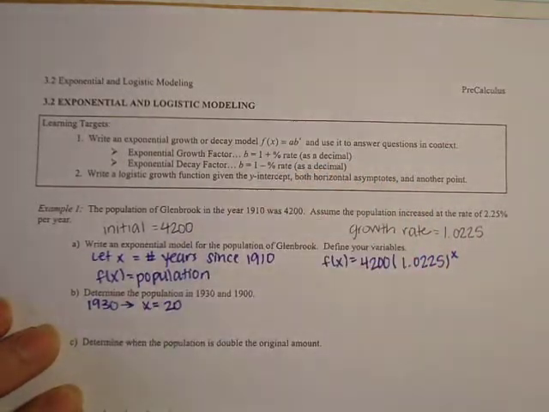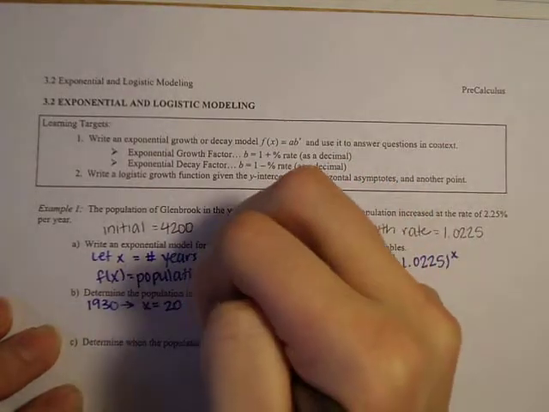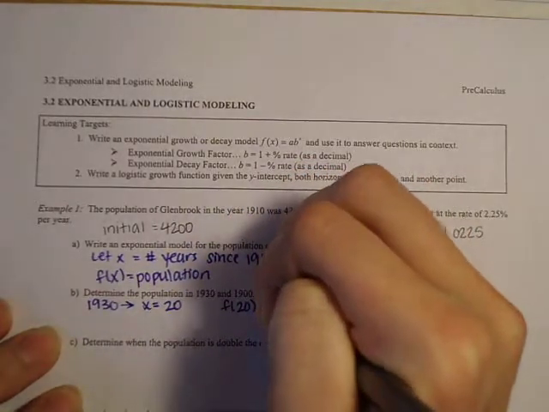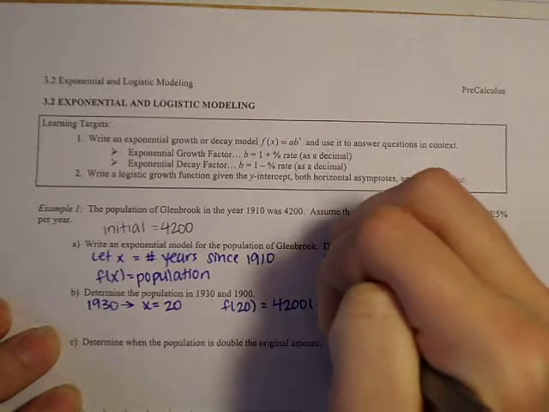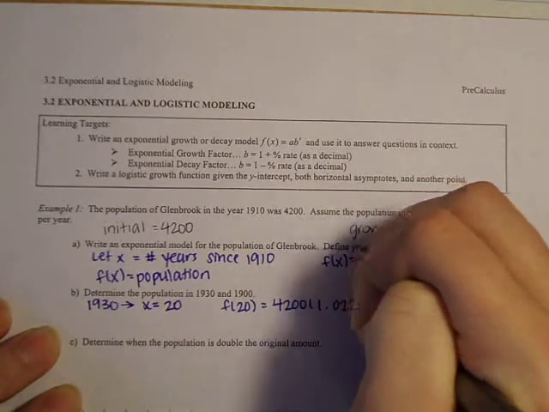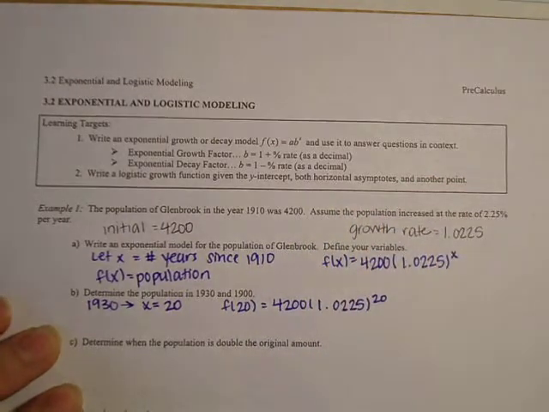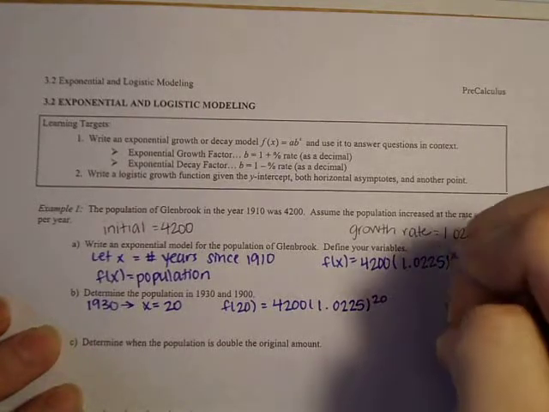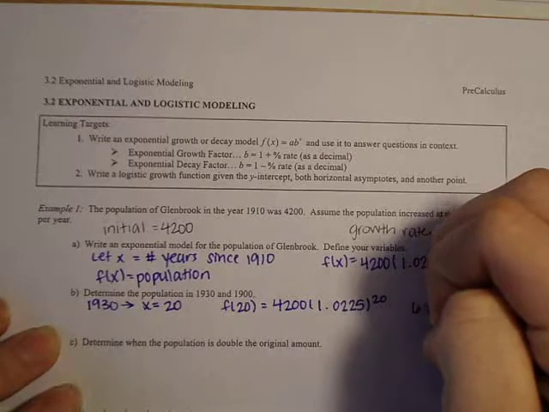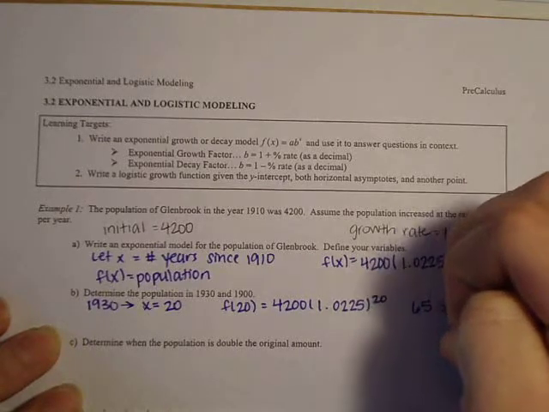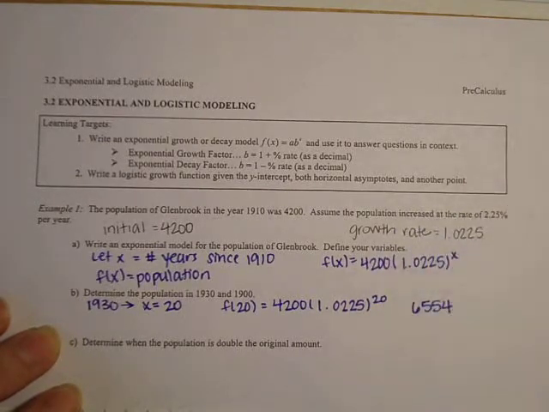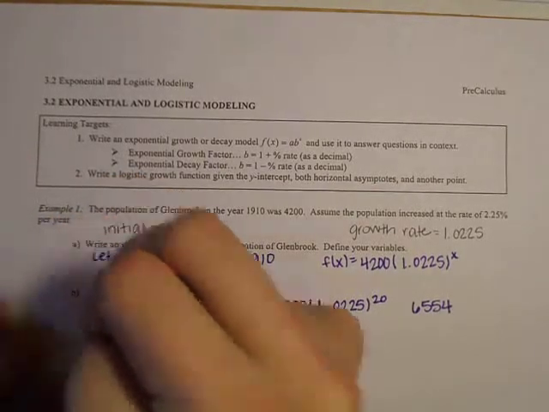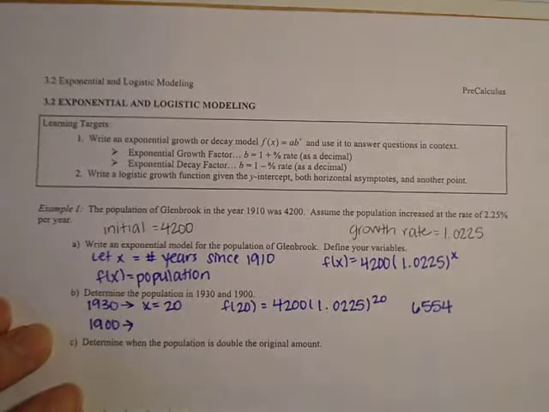So to find out the population in 1930, we'll do f of 20, which equals 4,200 times 1.0225 raised to the 20. And when you evaluate this, you're going to get a population of 6,554 people.